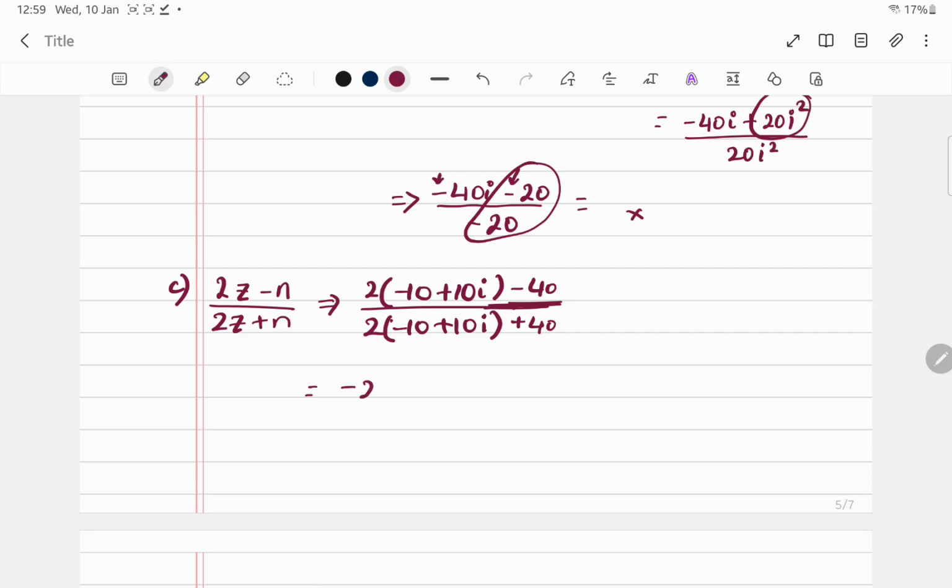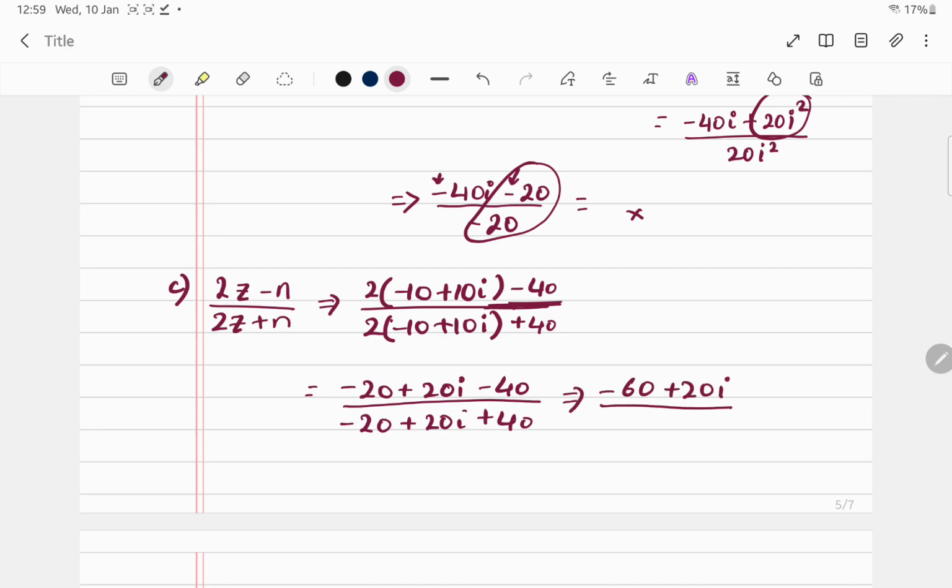That gives us minus 20 plus 20i minus 40 over minus 20 plus 20i plus 40. The top gives us minus 60 plus 20i, whereas the denominator gives us 20 plus 20i. I can take 20 common, so that gives me minus 3 plus i over 1 plus i.